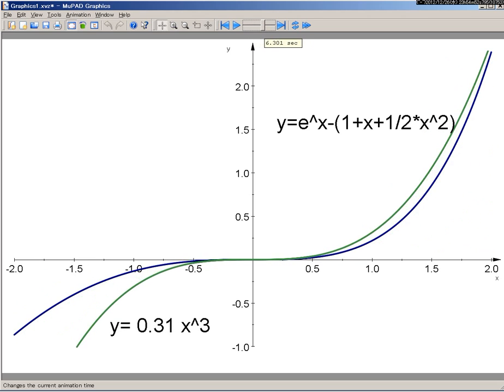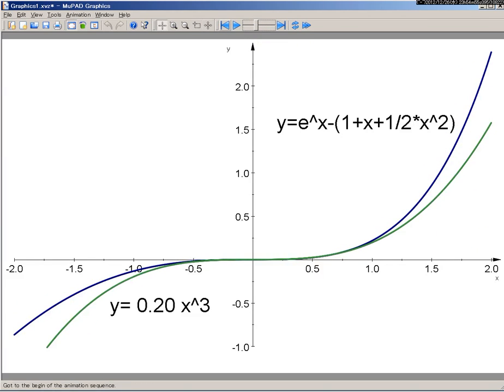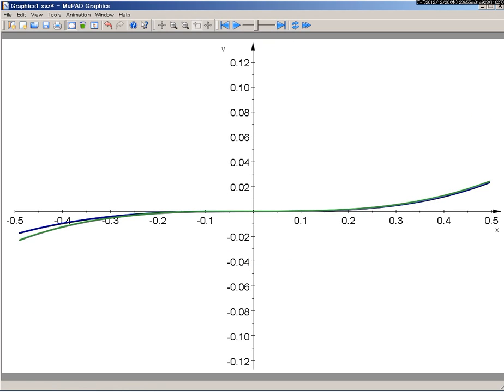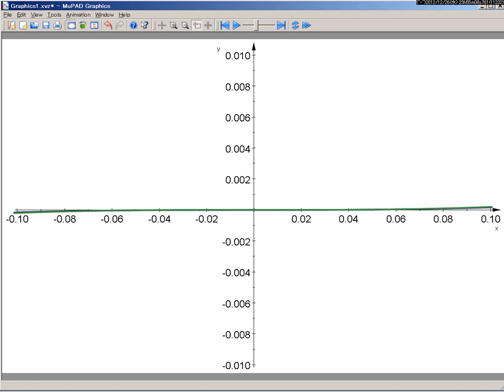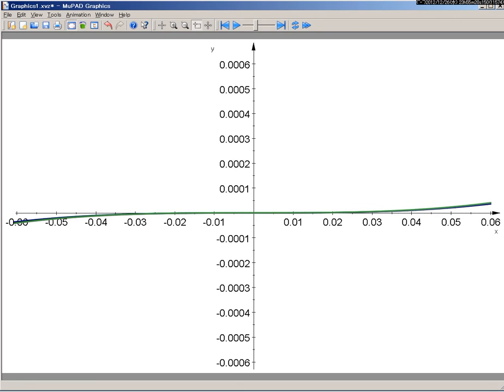It's very difficult this time. So we're going to magnify around x = 0. Okay.